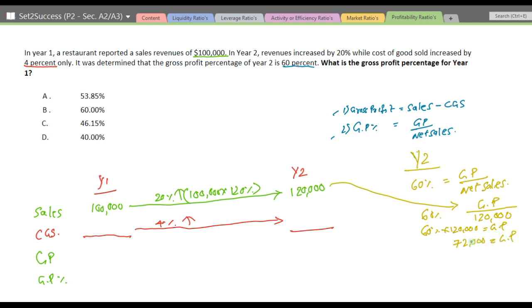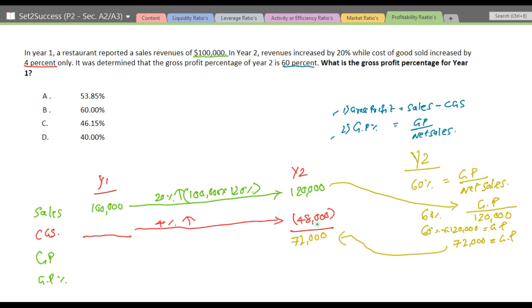So if 72,000 is GP, it will be plugged in here. If GP is 72,000, your cost of goods sold will be 48,000, because sales minus CGS will give you gross profit. So 120,000 minus 48,000 will give you 72,000.